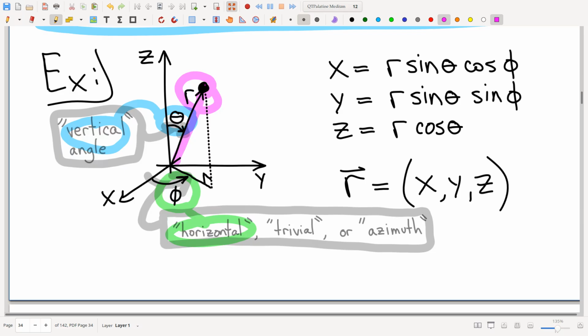That's fine. You could just come out and say, vertical equals theta, horizontal equals phi, r equals distance, and now you've established your convention, and then proceed as you like. Perfectly fine.